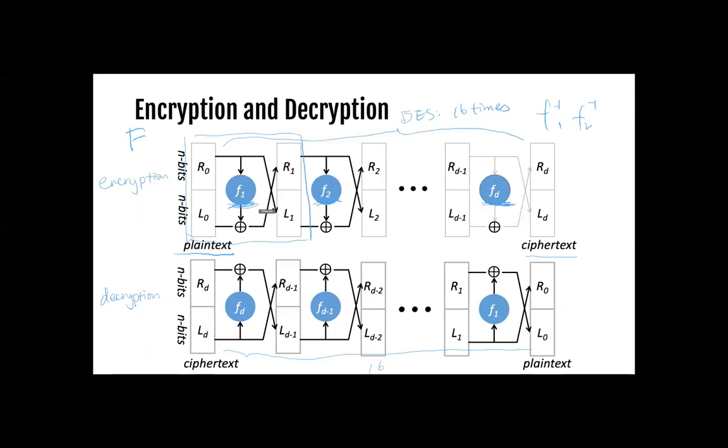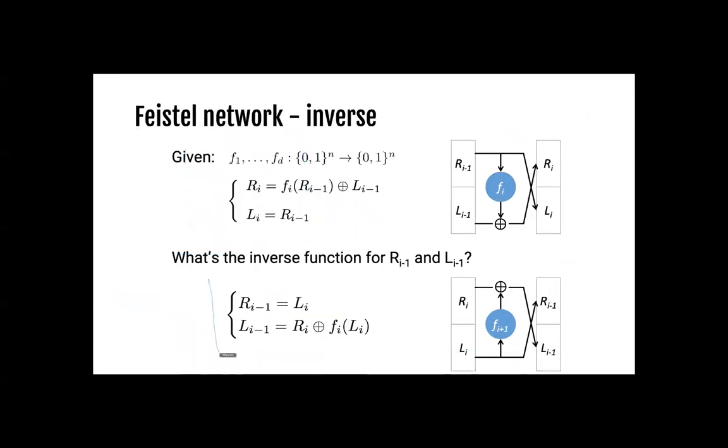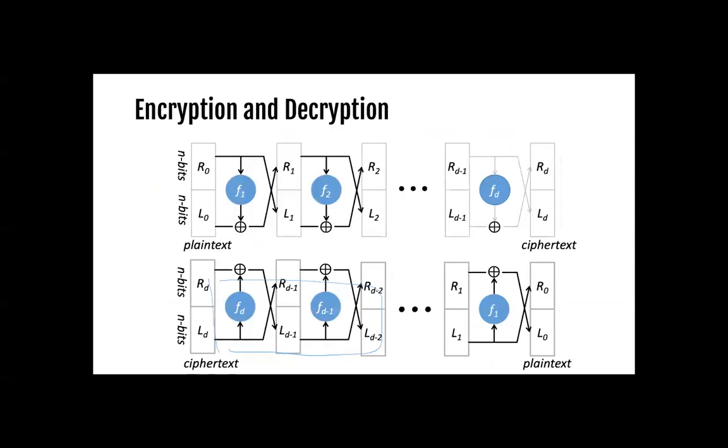But from the attacker's perspective, if the attacker doesn't know F1 and F2, even though the attacker knows the F function and the equations here, there's no way for the attacker to recover the plaintext given the ciphertext.